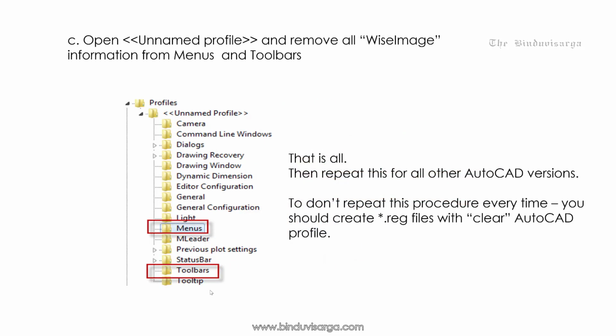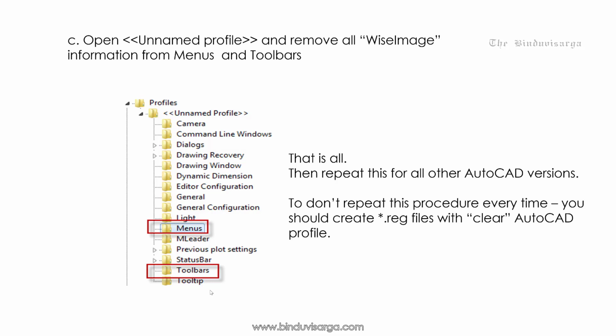Then open the unnamed profile and remove all WiseImage information from menus and toolbars. So you should go to the profile and then Menus and Toolbars, and remove all the WiseImage information. That is all. Then repeat this for all other AutoCAD versions.